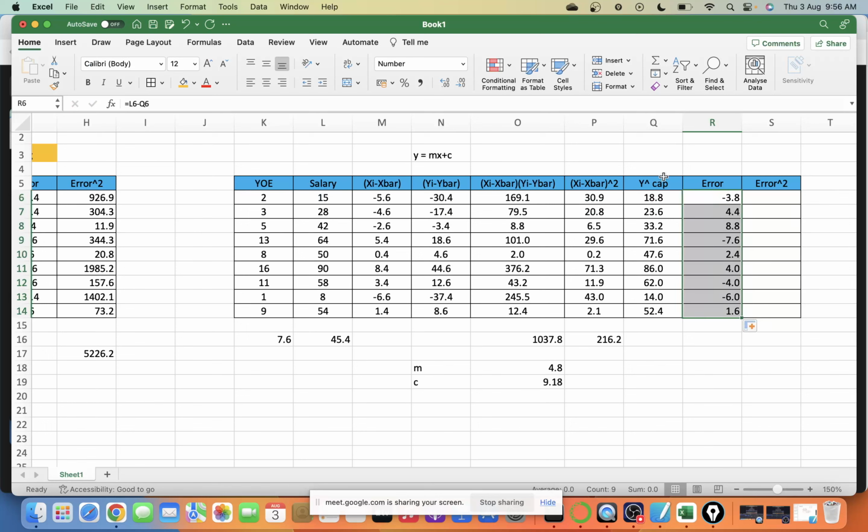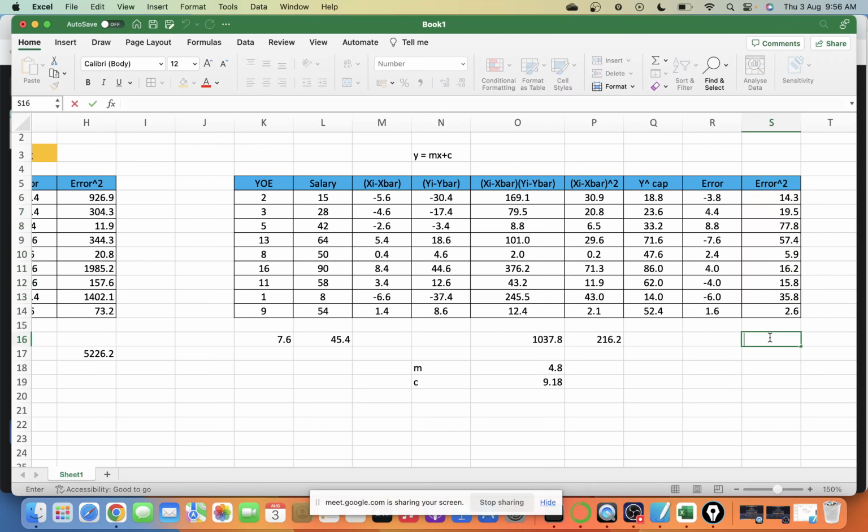Drag it down. Then the square of this, the same way. Drag it down. Then let's take the sum of the error.